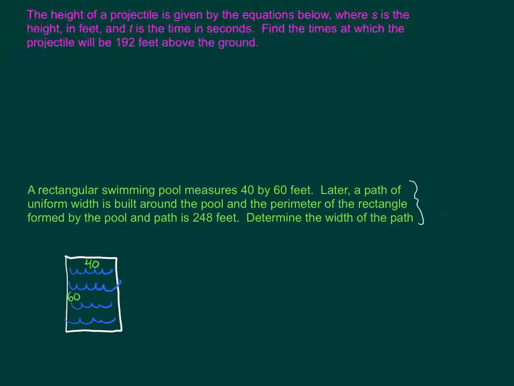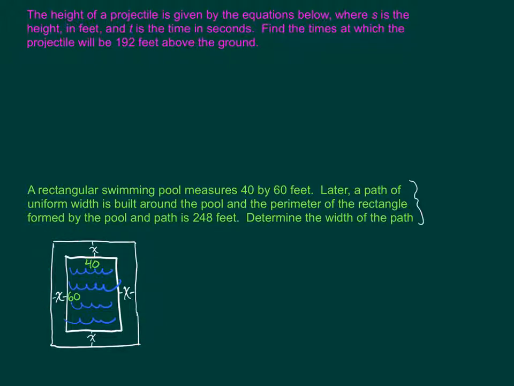Later, there was another rectangle built around this one that we're going to call the path. And what's nice about this is that it's uniform, so the distance all the way around the pool is the same, so it's x, x, x, x. Finally, we know that the perimeter of this larger rectangle is 248 feet.